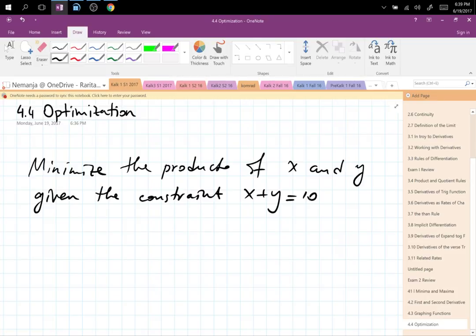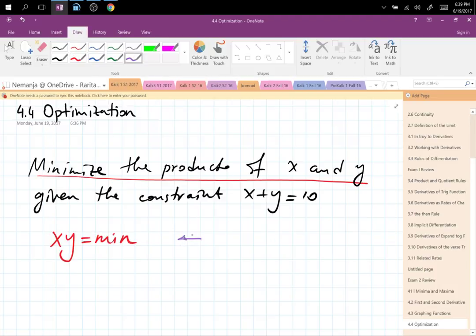If you are supposed to minimize the product, this sentence is translated as xy equals a minimum. And that is known as the objective function. So the objective of this problem is to find x and y so that their product is minimum.